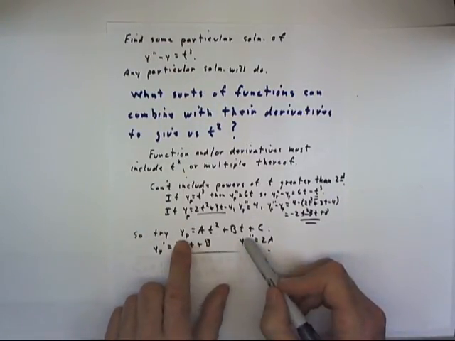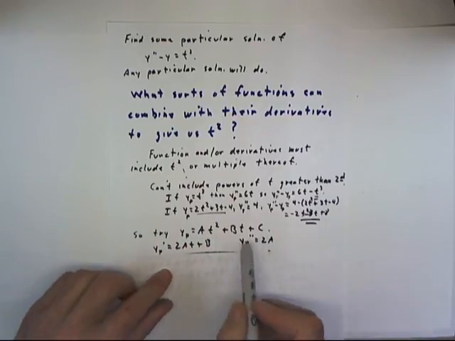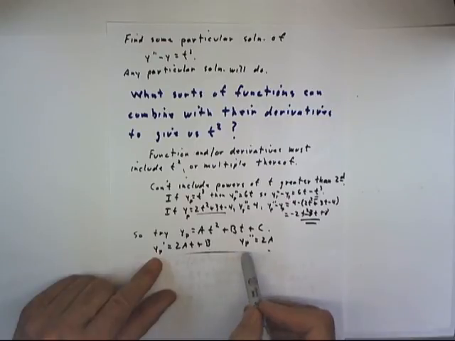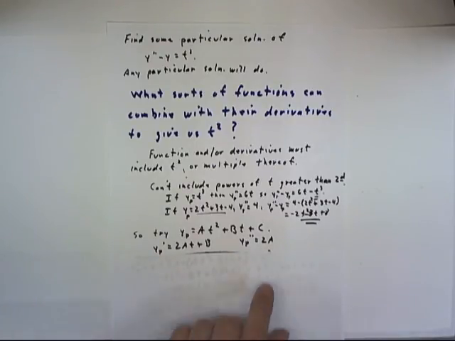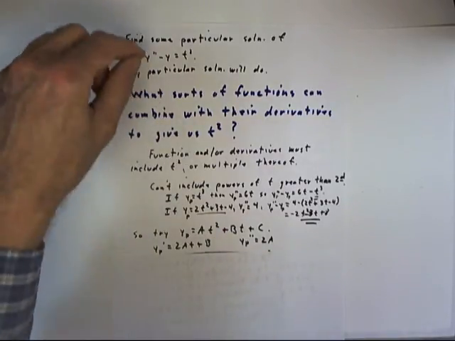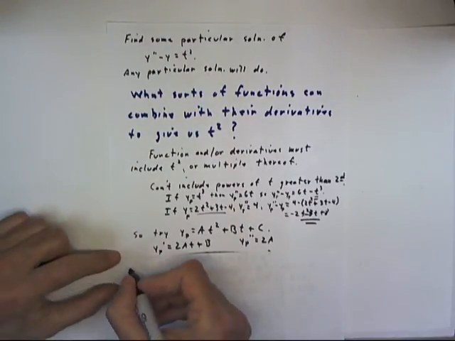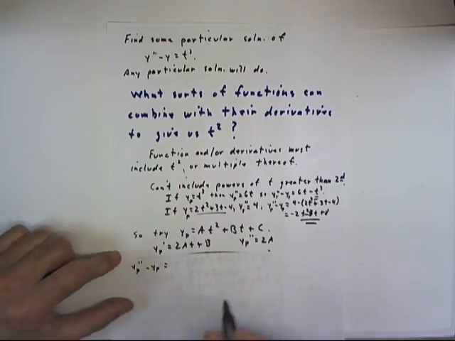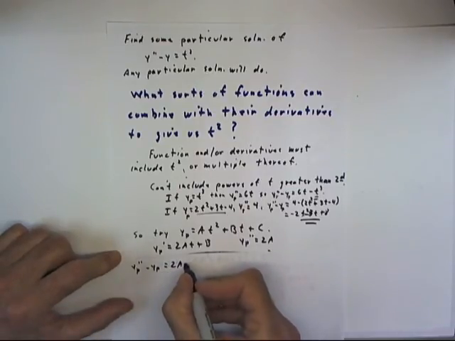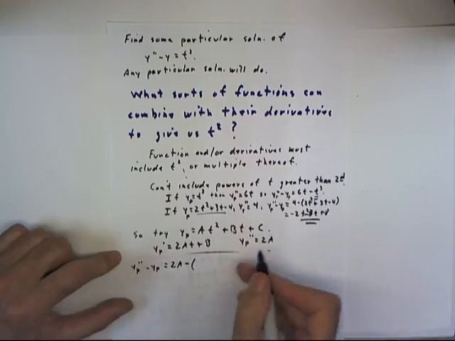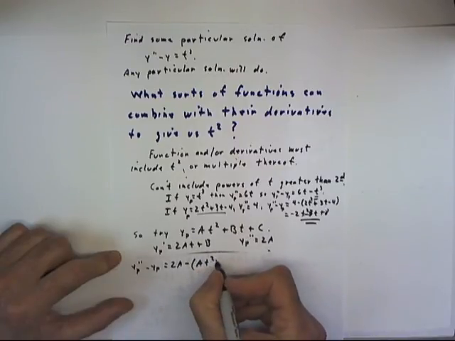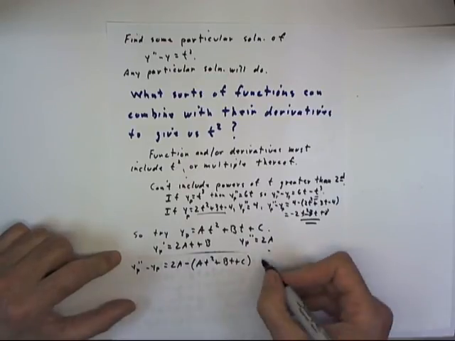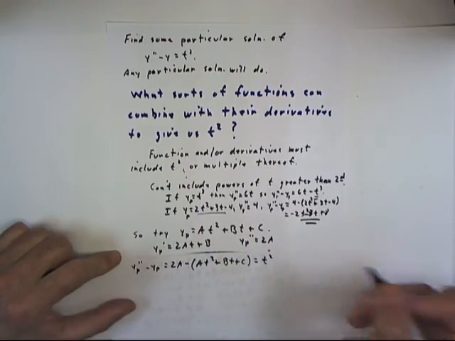Now, the derivative of yp equal at squared plus bt plus c is just 2at plus b, and the derivative of that is just 2a. So when we plug these derivatives back into our original equation, we get yp double prime minus yp equals 2a minus the yp, which is the quantity at squared plus bt plus c, and that has to equal t squared.